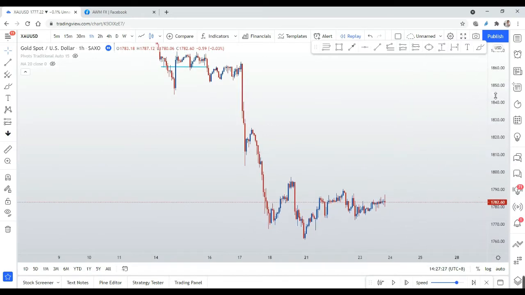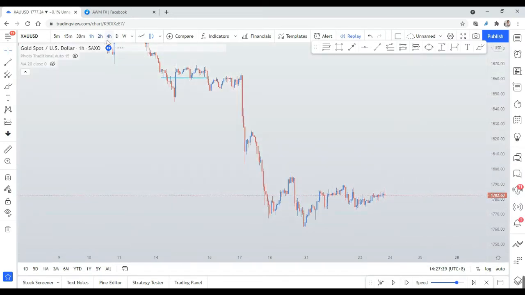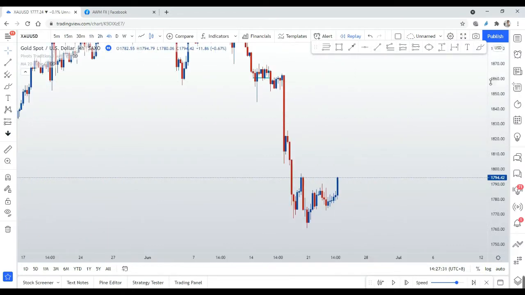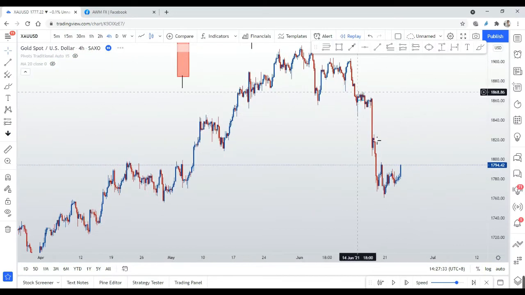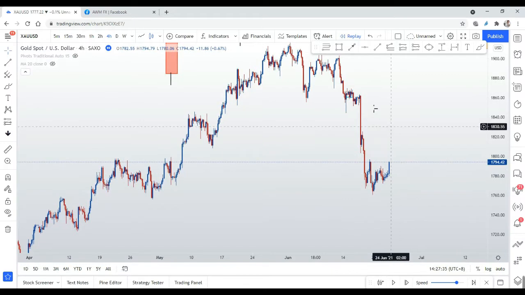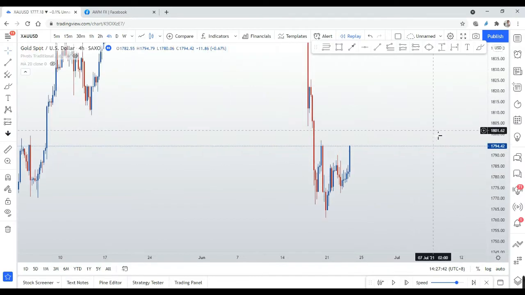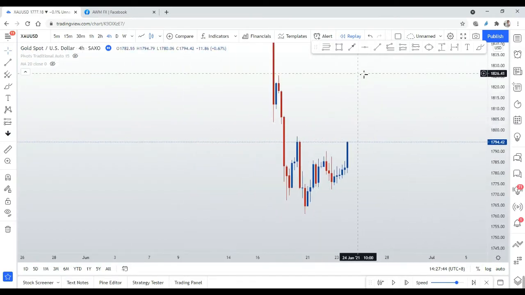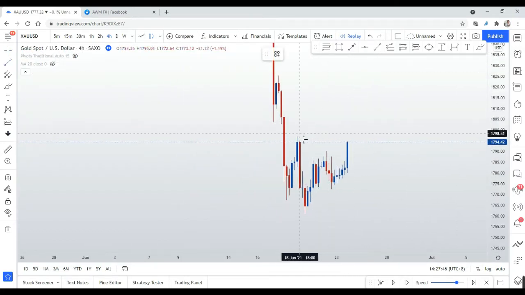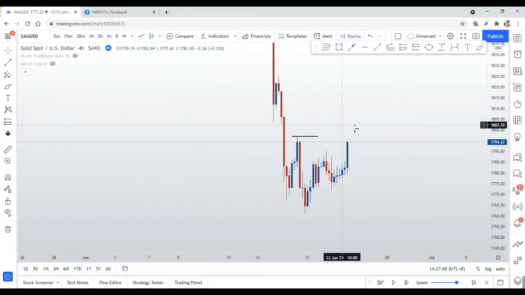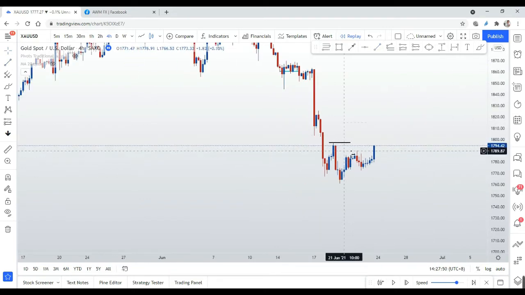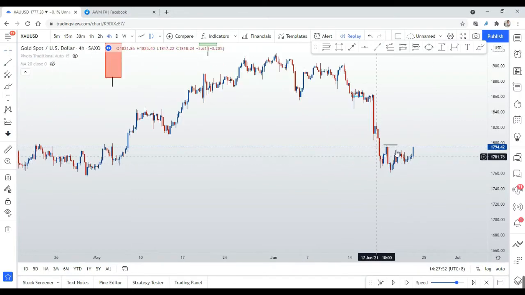First of all, if you look at H4, sorry, let me switch it to H4. The trend is definitely going down. Hopefully you guys agree with me. And importantly, at H4, this is a very important high over here, because this high is the latest high.